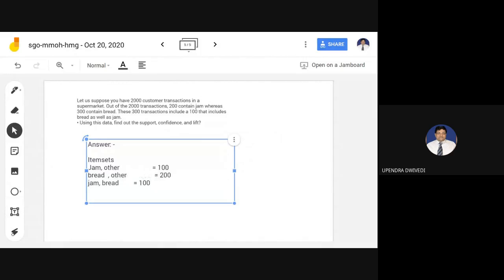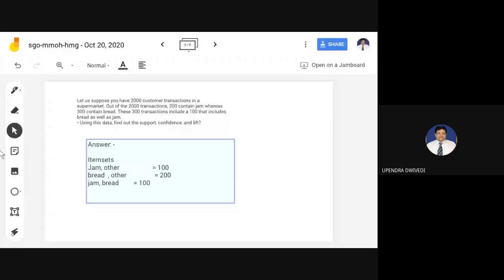You can assume that there are not any other items, and jam can be bought separately. So these are the transactions of these items. Now we can calculate the support of the item. We can also calculate the lift of the item.